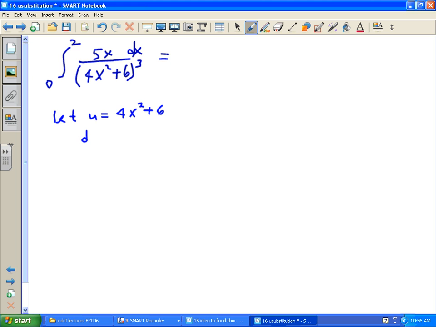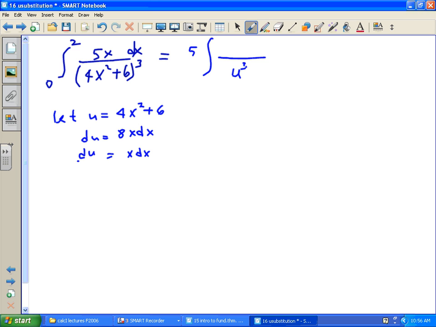So I know now that du is going to be 8x dx. And going back to the original integral, at the moment I'm ignoring the limits. The 5 I can take outside. The bottom is the same as u cubed, right? And what about x dx? From down here, x dx is the same as du over 8.